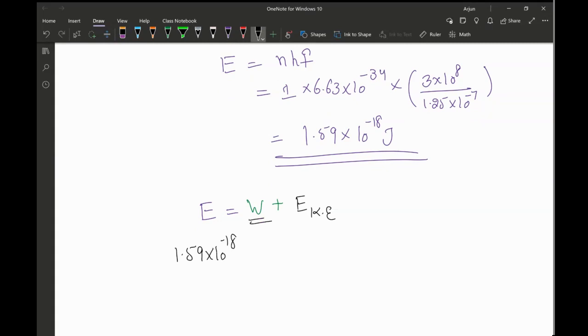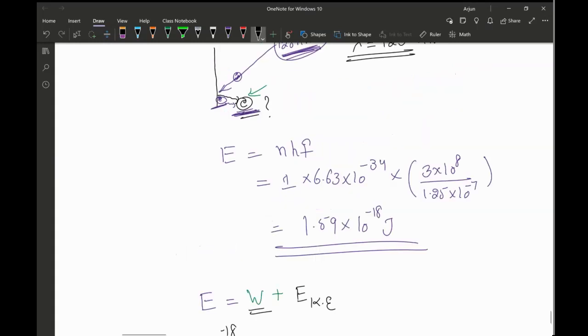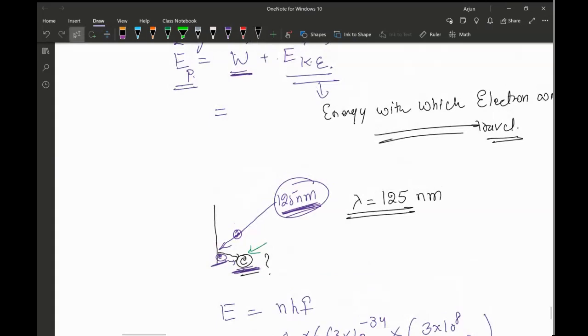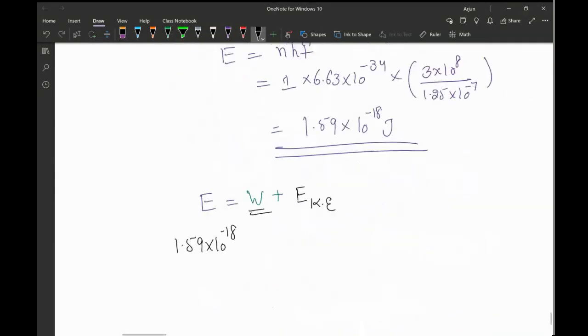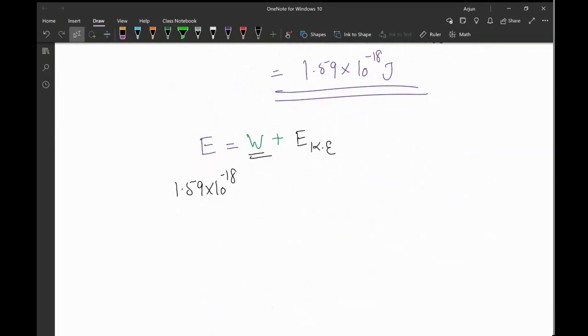Work function value will be given to you in the exam. It is striking an aluminum surface, that's what I said initially. This surface is an aluminum surface. So the aluminum work function will be given to you in the exam, and that is 4.08 eV, electron volt, for this question.